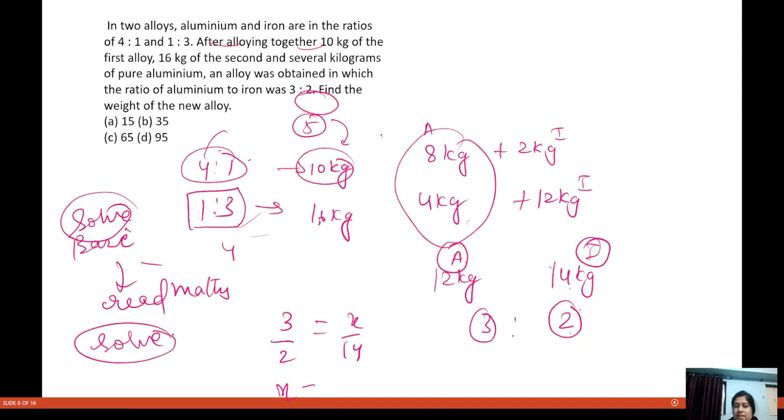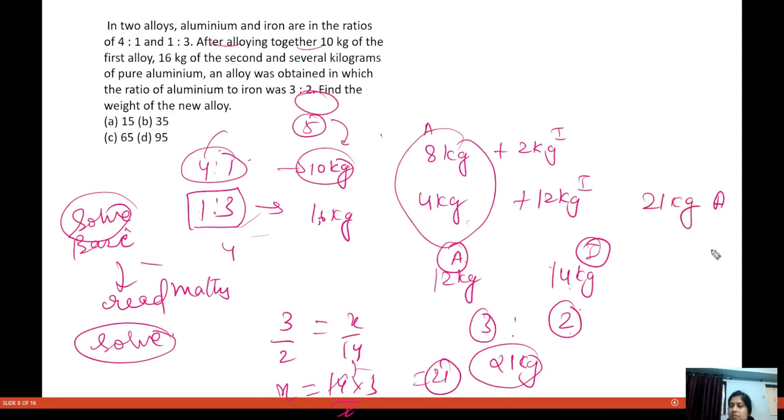So what is x here? 14 into 3 divided by 2, that means we get 21 kg. Now we have 21 kg aluminium plus 14 kg iron. When we add this, we get 35 kg. I hope everybody understands how it came to us. This is what I am saying for this question.